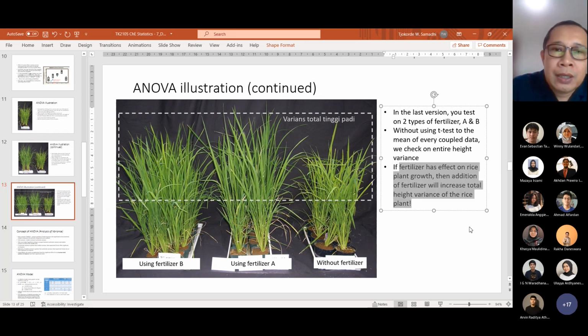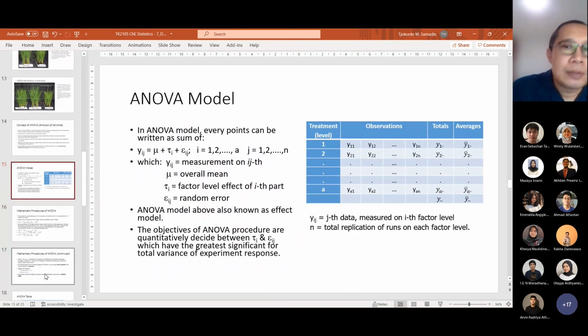We no longer see the height of individual samples, but we see the total variance and how that changes with the treatment level. Does anybody not yet get the truly basic concept of ANOVA? Again, what we look for is changes in overall variance and what contributes to that change.